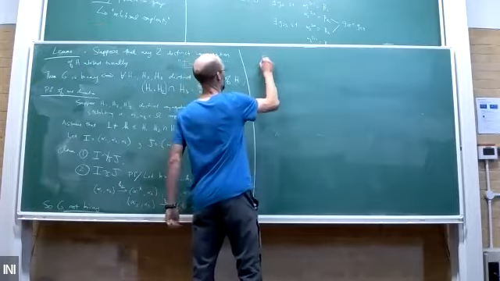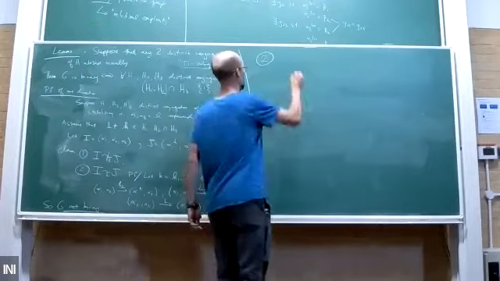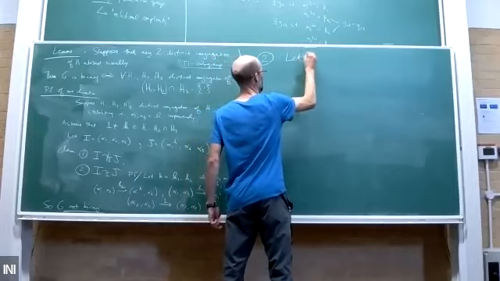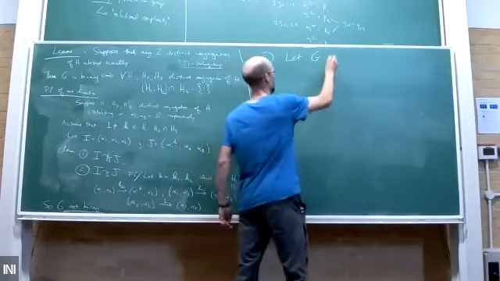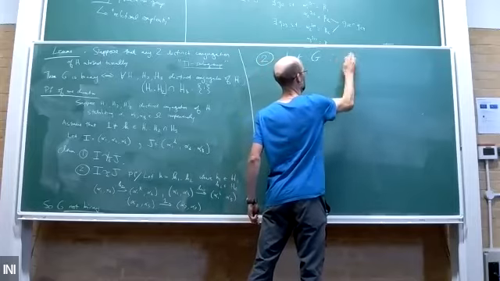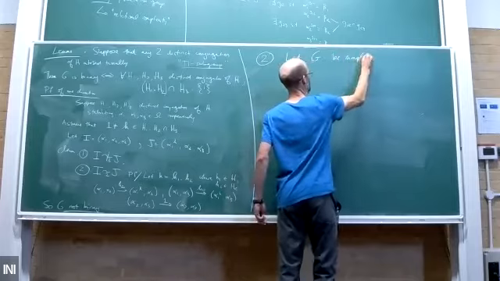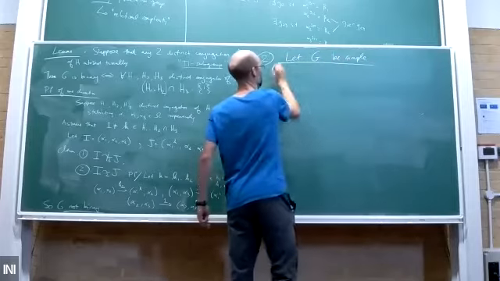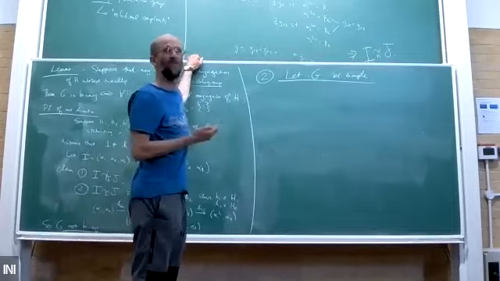So I now want to focus in on a specific situation. There's a moment when I'm going to not quite assume this, but for most of the rest of the talk, I'm going to assume that G is simple. So this is G as an abstract group.